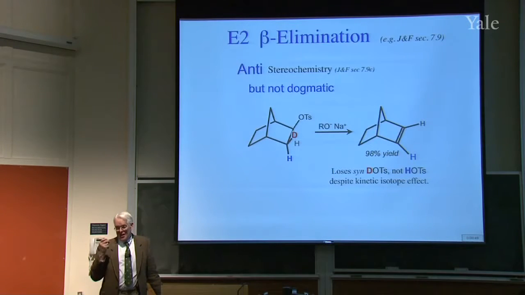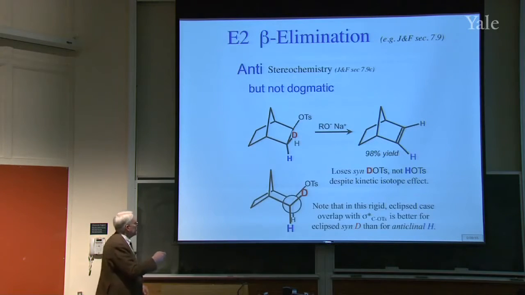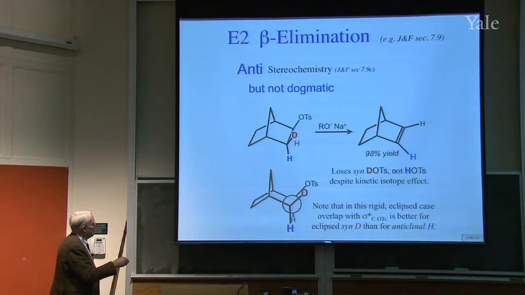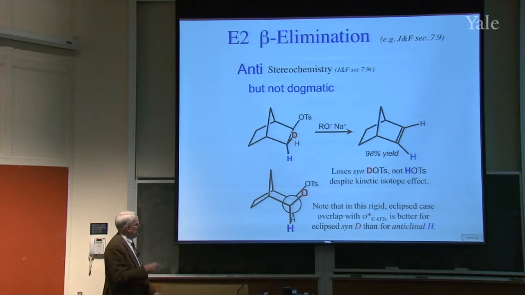Remember, hydrogen is eliminated in preference to deuterium, other things being equal. But other things aren't equal, as you can see if you do a sort of semi-Newman projection along this bond: D and OTS have their bonds in the same plane. So in this rigid eclipsed case, the overlap of sigma star here, which is losing its electrons, right?